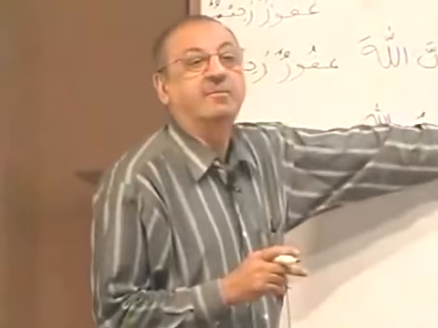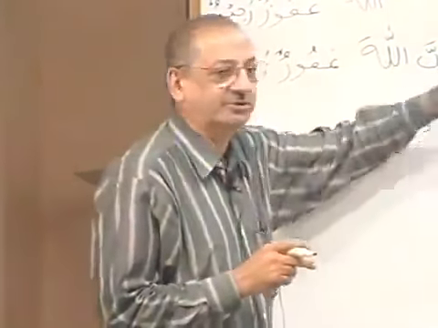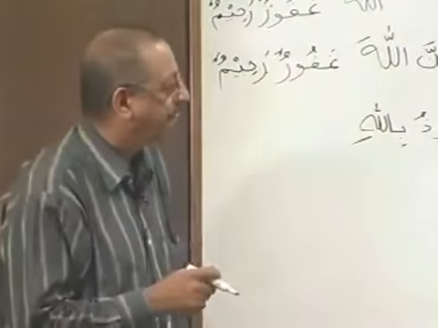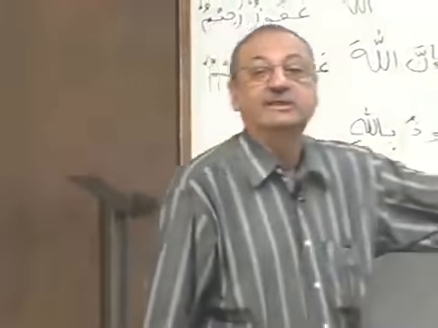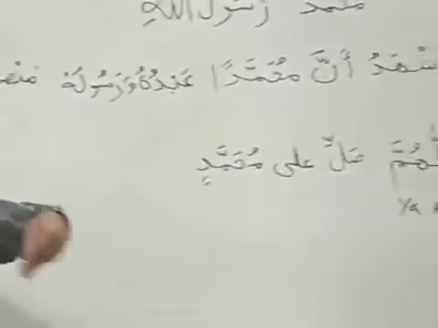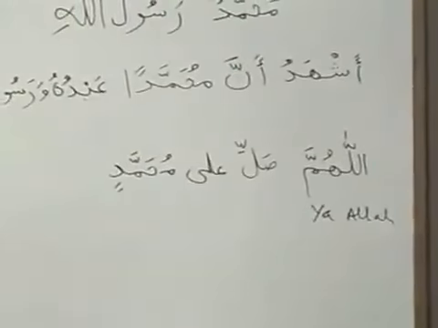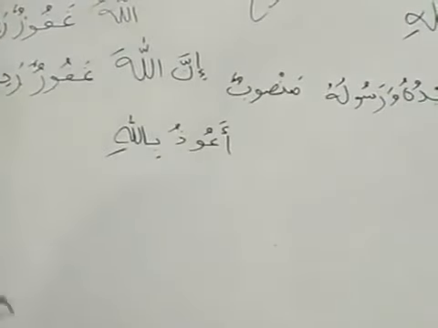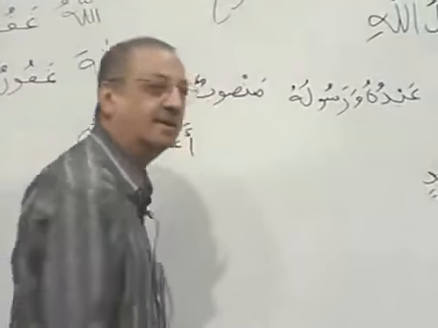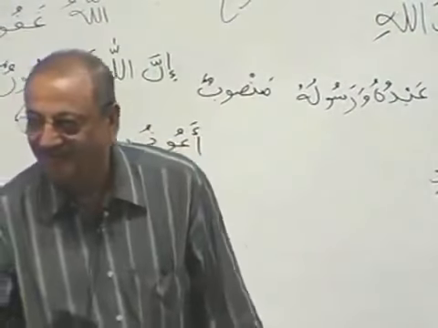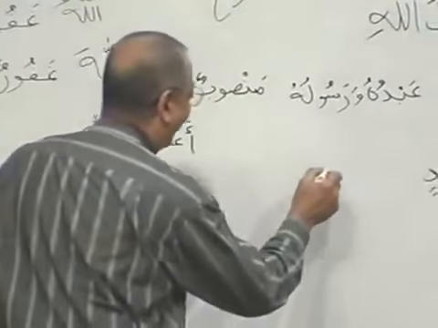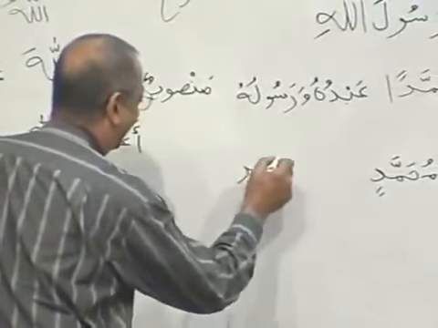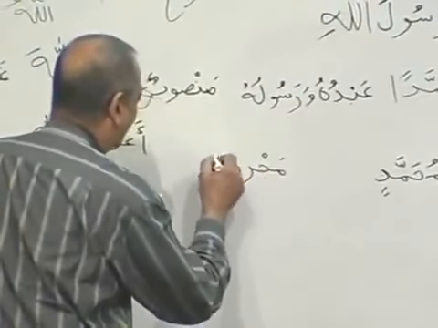But we will memorize these terms that I'm writing. Now if the noun ends with a kasra, be it a tanween or a single kasra, we will say the noun is majroor. Not majboor, majroor. Okay? Majroor, majroorun.